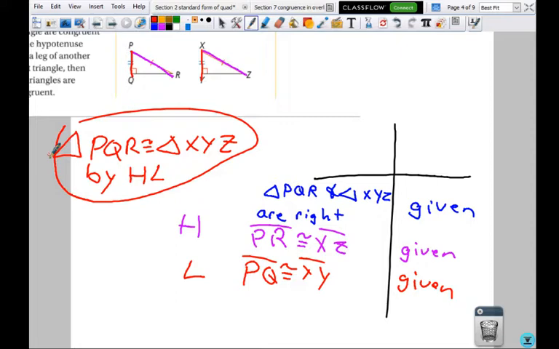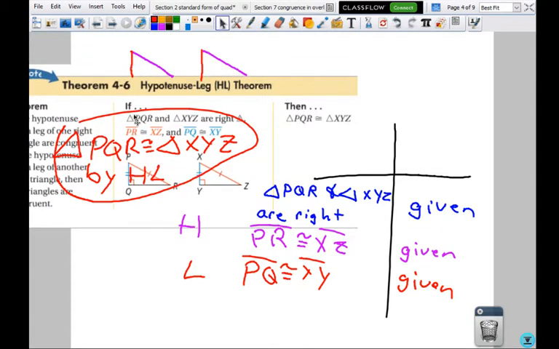Wait, why would you get...? But that's what it's called. Yeah, HL. Don't say SSA. Why not? Because that's not the actual name. Yeah, it is. You just said it was. Why is it called side angle then? It's not. It's called hypotenuse leg. But then why did you say side angle? Just to illustrate how you guys talked about it before. So it's a third method. We use a side and an angle, but we don't call it that.